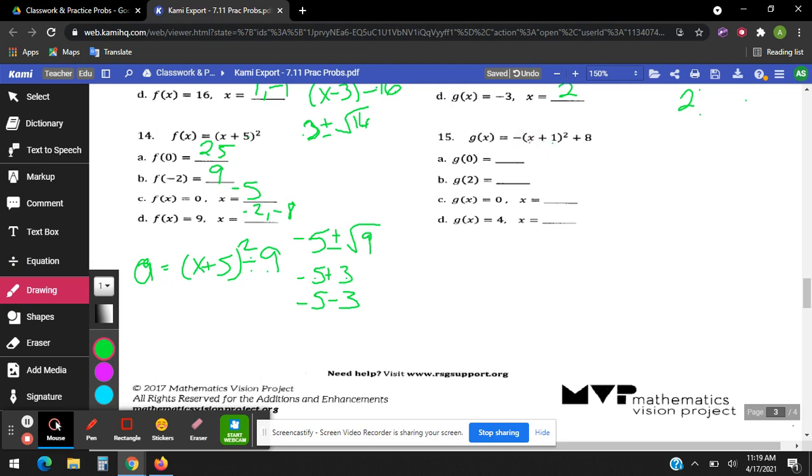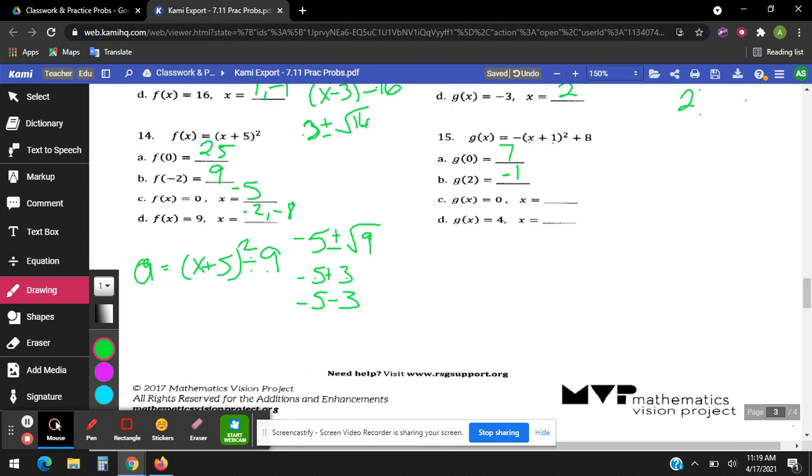All right, and 15. 0 plus 1 is 1. 1 squared is 1. Negative 1 plus 8 is 7. 2 plus 1 is 3. 3 squared is 9. Negative 9 plus 8 is negative 1. Okay, now here we have x equaling 0.